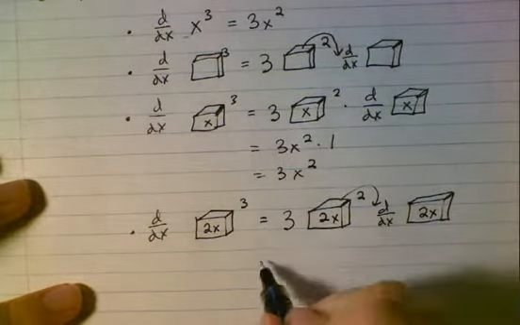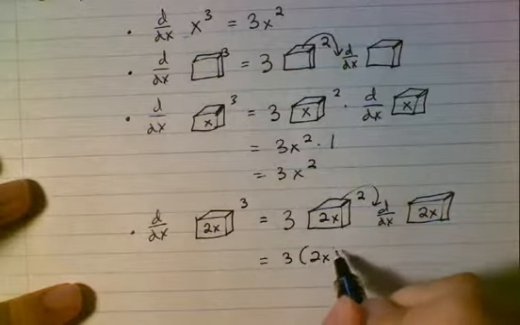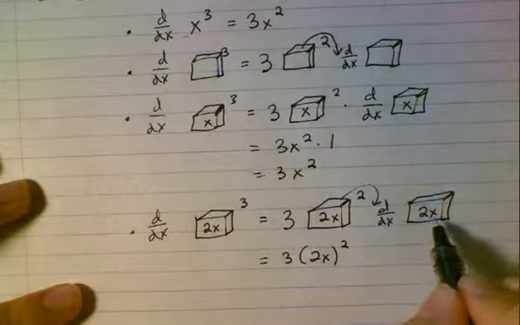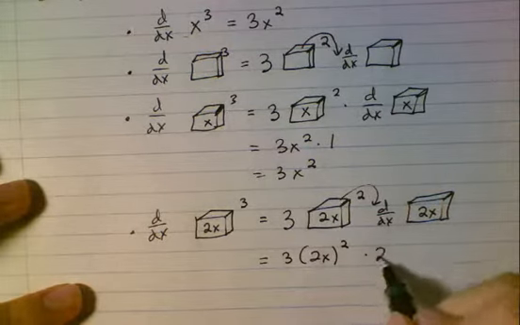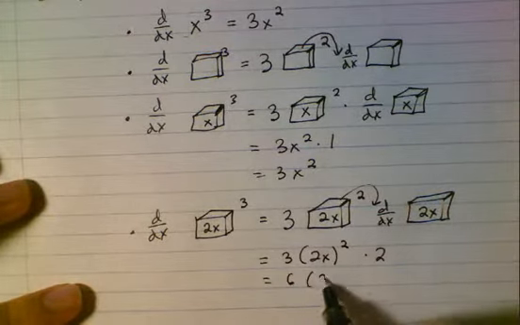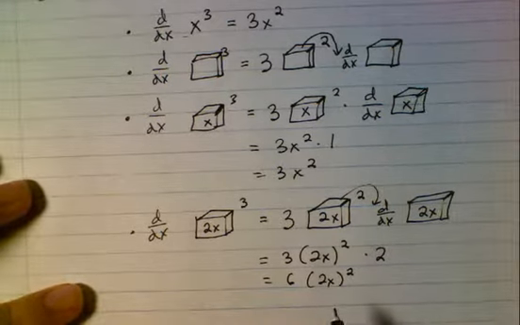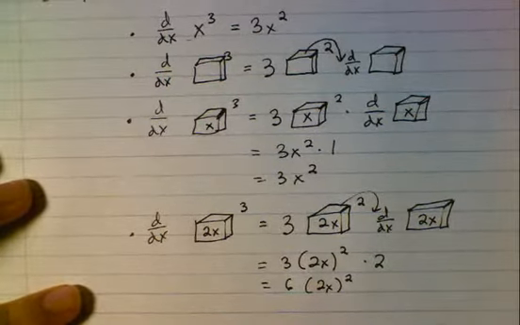So we're going to have this 2x squared. And now we have to take the derivative of 2x, which is just plain old 2. And there we go. This is what the chain rule is saying.